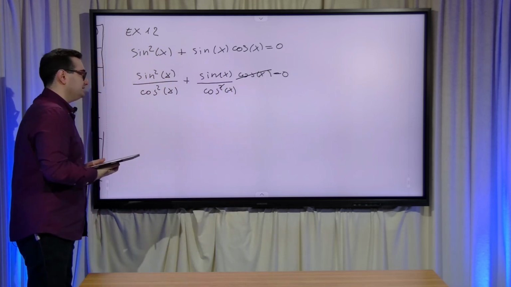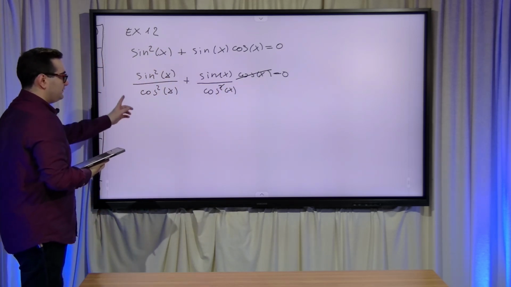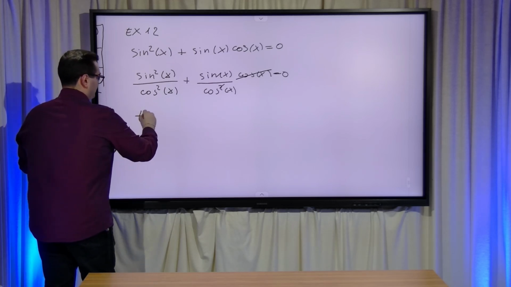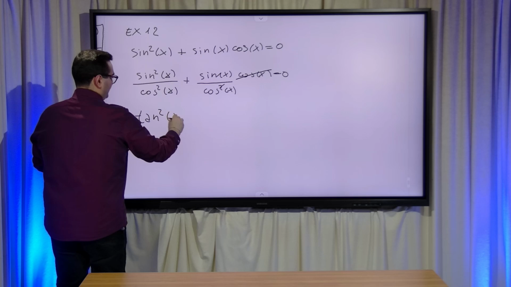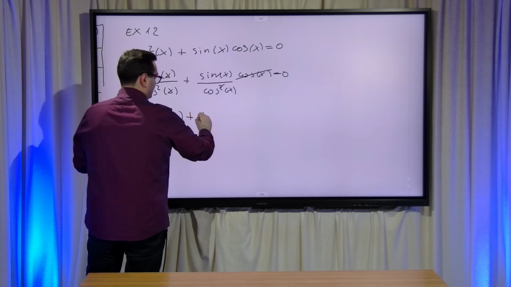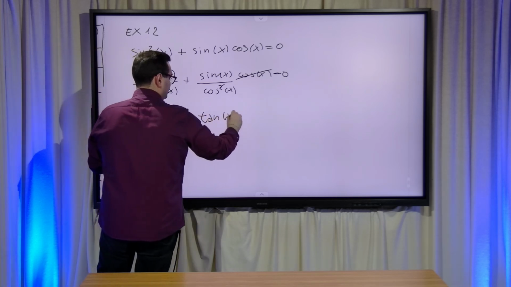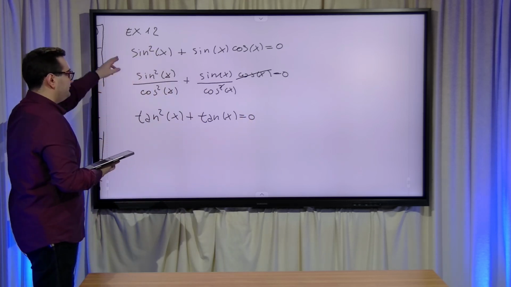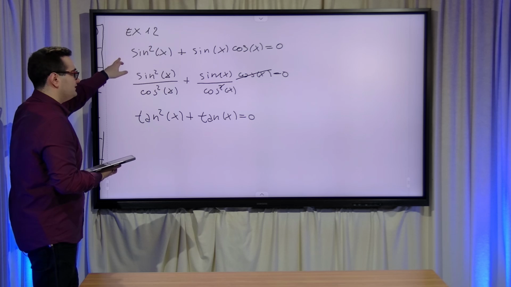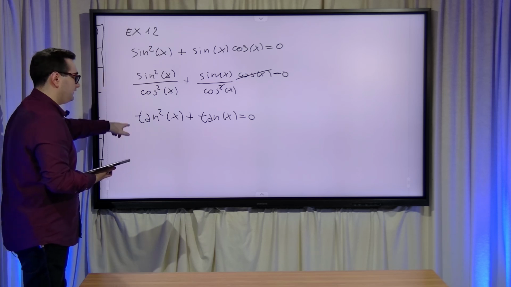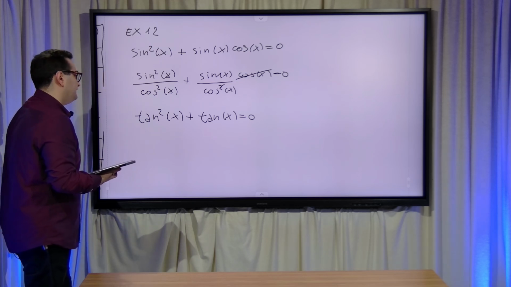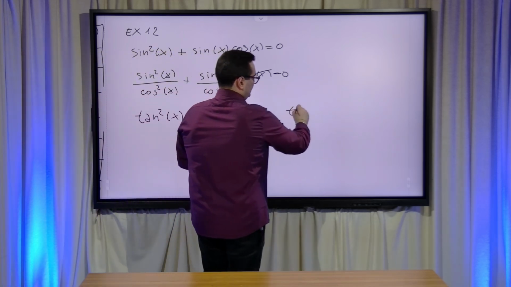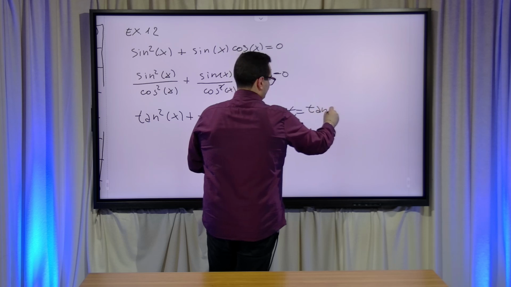Why I did this? Because in this way I get an equation in the form of tangent square of x plus tangent of x equals 0. So I replace the two functions sine and cosine with one single function in tangent, and I can solve it considering again t equals to tangent of x.